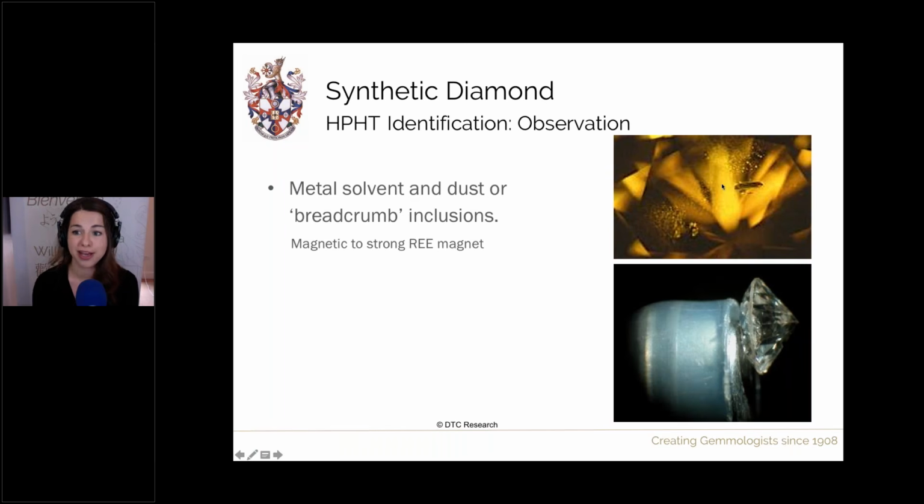When it comes to another little test that we can do for this feature, these inclusions where they have a lot of iron content within them, these are magnetic to a very strong rare earth magnet. So this is something that natural diamonds cannot do. Natural diamonds are not magnetic, but these HPHT synthetics can be if they've got a high amount of magnetic inclusions inside.